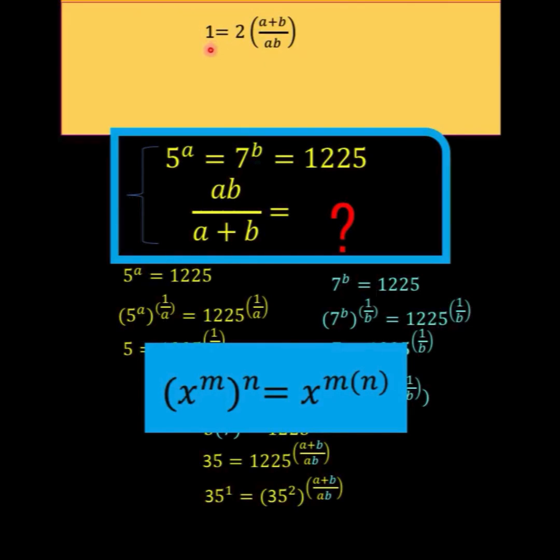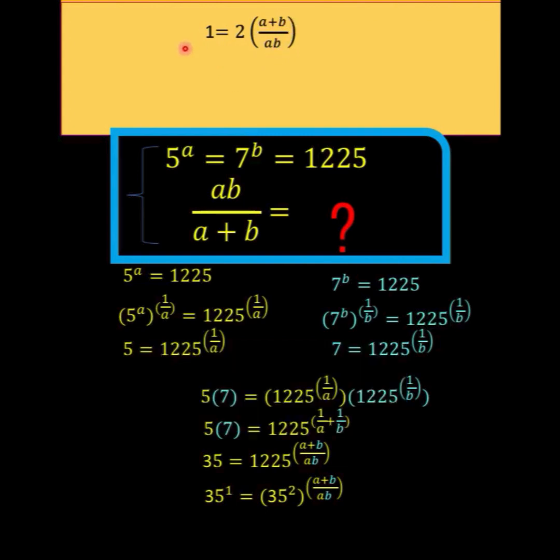The exponent at the left is 1 times the product of the exponents m and n, which is 2 times the quantity a plus b over ab. Since we want to solve this in terms of ab over a plus b, and what we have here is the reciprocal, then we multiply both sides of the equality by the reciprocal of a plus b over ab.